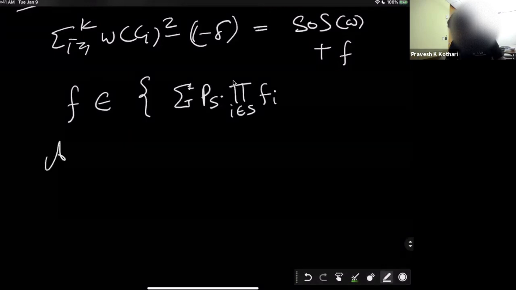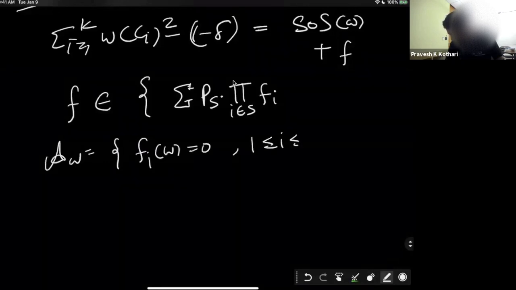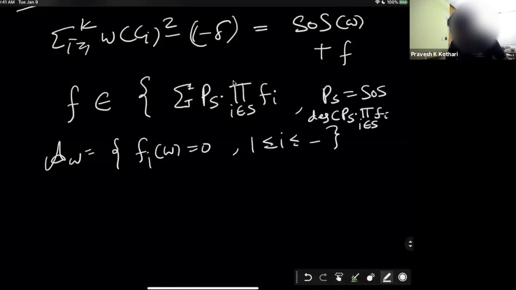Here you're assuming that, let's say, f_i(W) is 0 for 1 less than or equal to i less than something. Then f is a function of the form which is rendered non-negative by means of being a polynomial combination of the constraints here. So P_S is sum of squares, and degree of each P_S times product F_i is at most 2t.